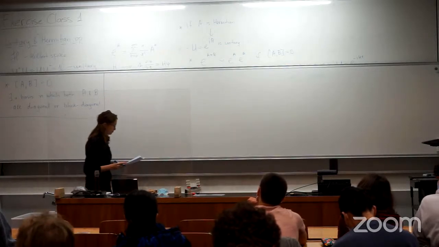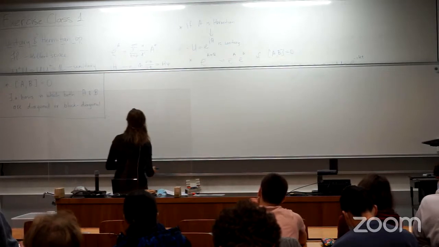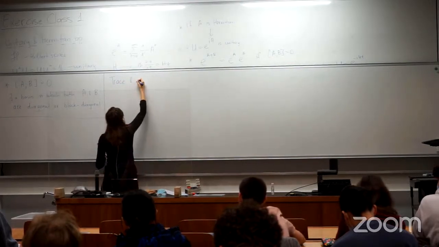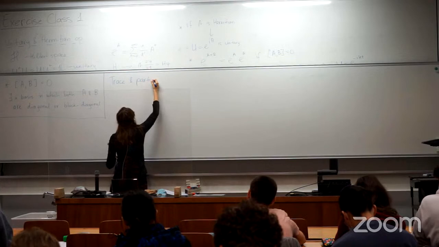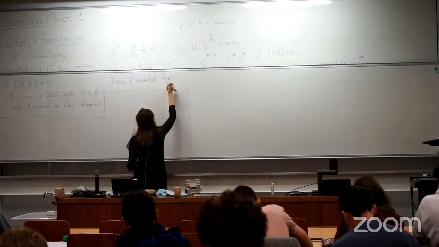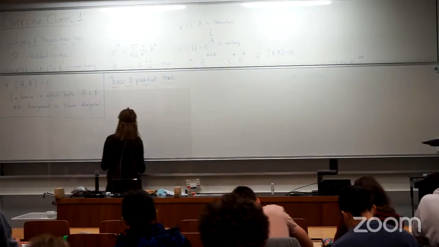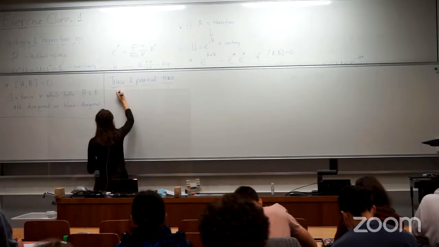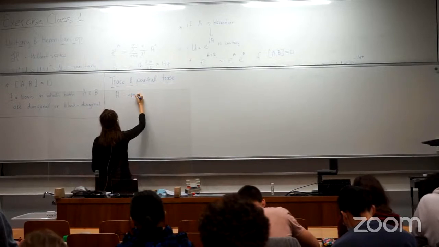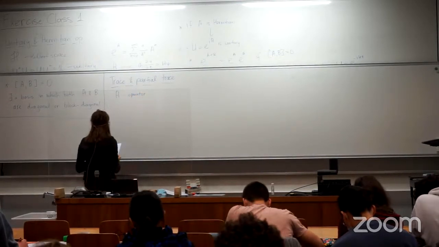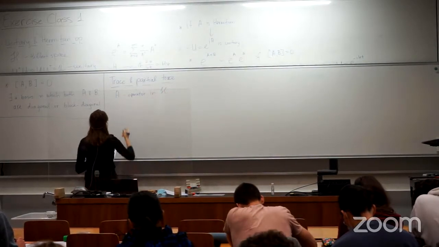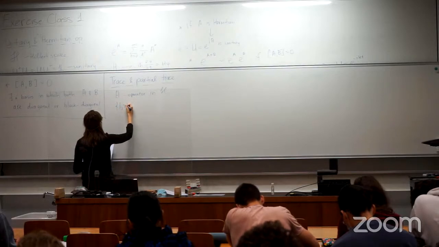Okay, then we go to the trace and partial trace. So suppose that we have an operator A on the Hilbert space H, and we have a basis in H, which we label as j.